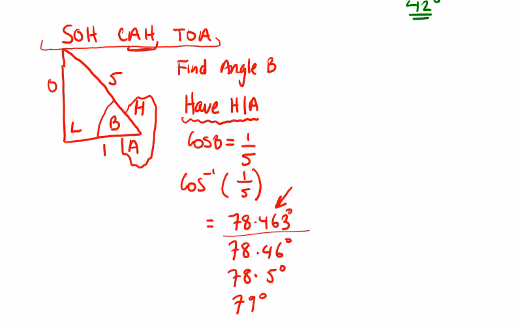So 79 degrees to the nearest degree if we kept rounding that way, but if this was rounded to the nearest degree, it would be 78 degrees. So in a question like that, they wouldn't ask for the nearest degree. Probably be the nearest to 2 decimal places, 78.46.